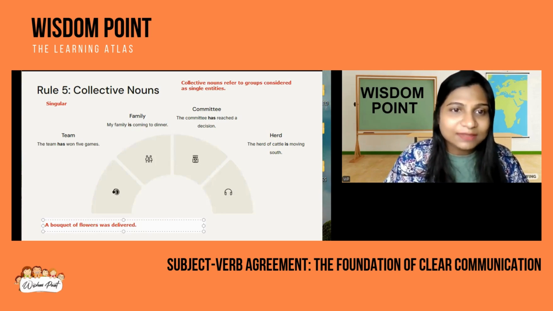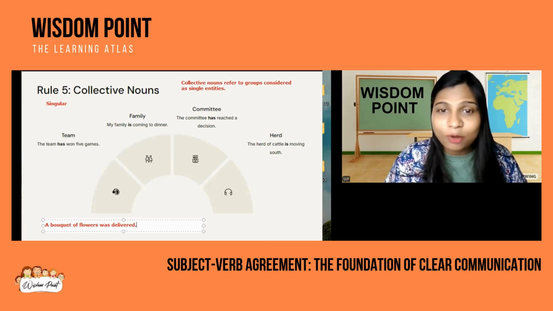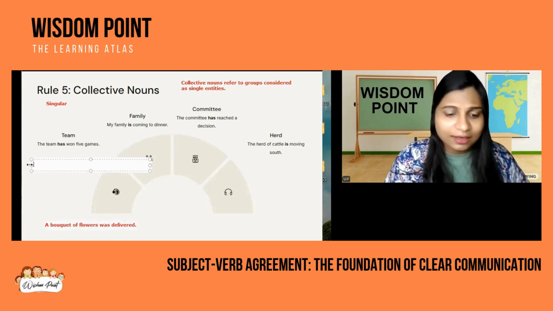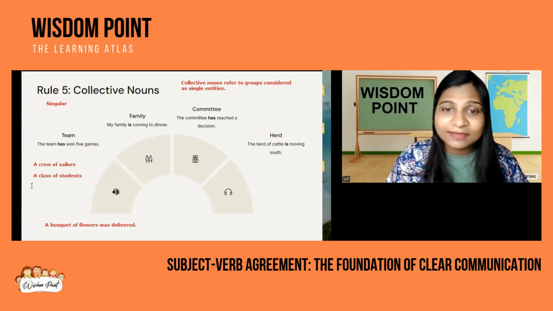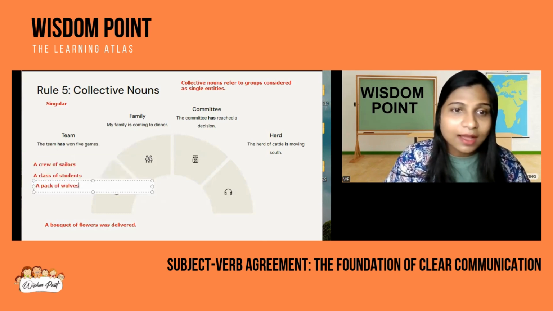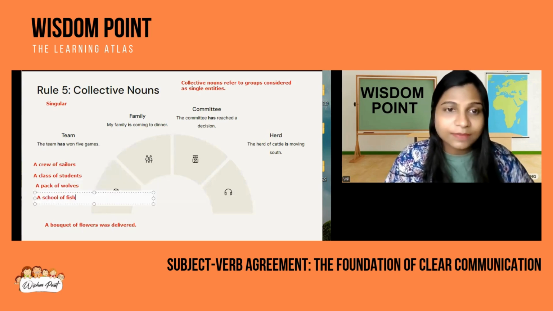Now, there are other examples as well. I can say a crew of sailors, a class of students, where I'm talking about class 10 or grade 10, a pack of wolves. This is my collective noun as well. A school of fish. This is my collective noun as well.